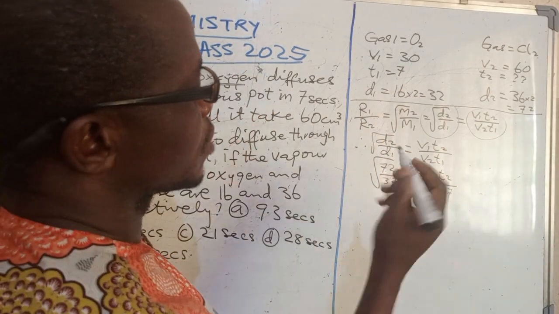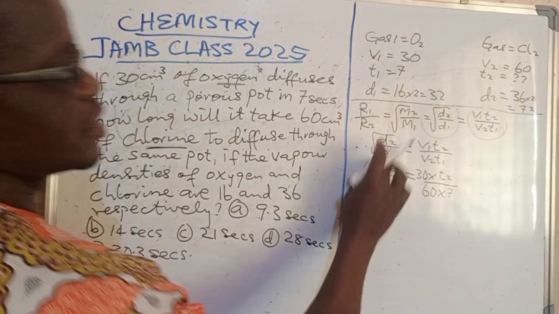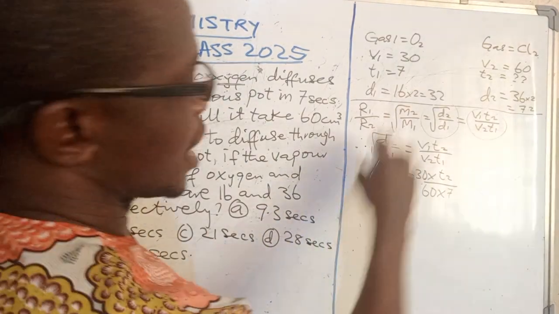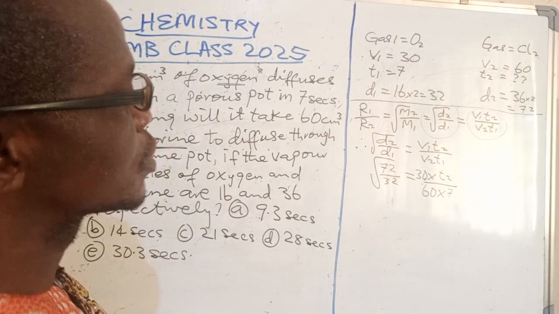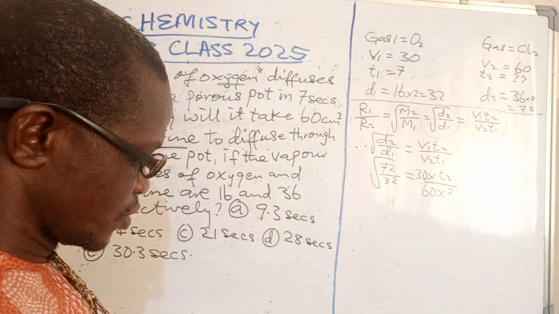So from here, let me find the square root so that I can remove the square root from the business.